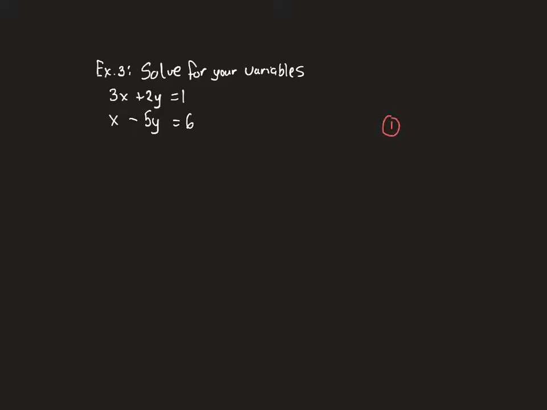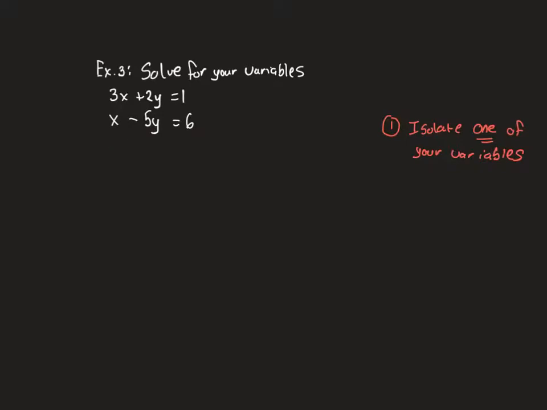Your first step should be to isolate one of your variables. Okay, so you can use either equation for this. I'm choosing to use the second one, mainly because if you take a look at it, it already has one that's already going to be by itself and easier to separate.